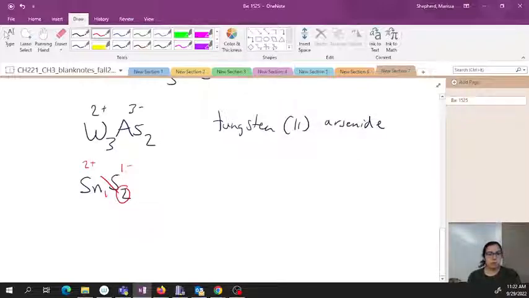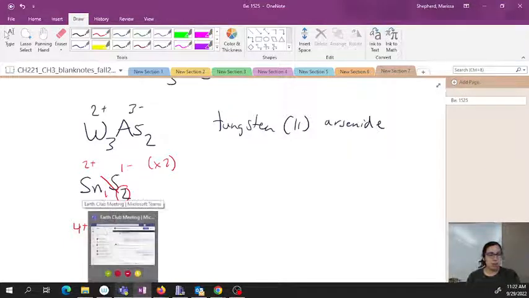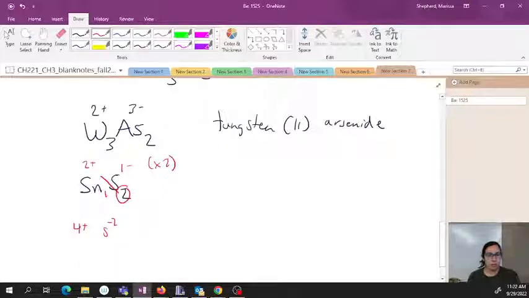But then what's wrong with that? We know sulfur is really -2, but if we multiply everything by 2, that gives us tin 4, sulfur -2. Okay, that seems to match better. Then double check your math. So 4 times 1 is 4 plus, -2 times 2 is -4. So now we know we have tin 4 sulfide.